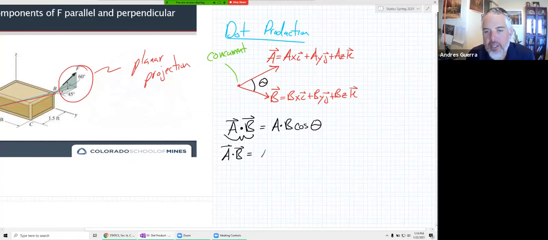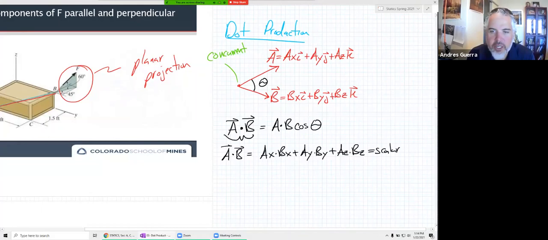And so that is going to be AX times BX plus AY times BY plus AZ times BZ. And it's going to give us a scalar, right? So this part of the equation is going to give us a scalar.